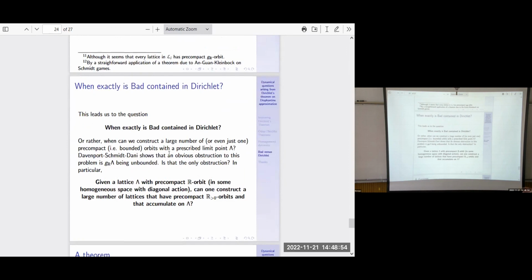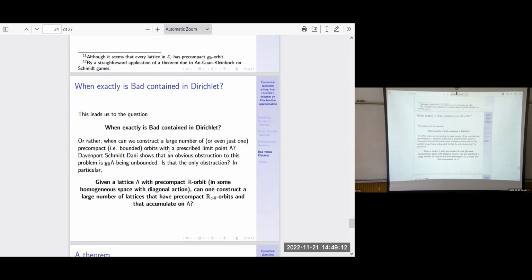But it begs the question, when exactly is that contained in Dirichlet? In other words, when can you construct a pre-compact orbit with a prescribed limit point?